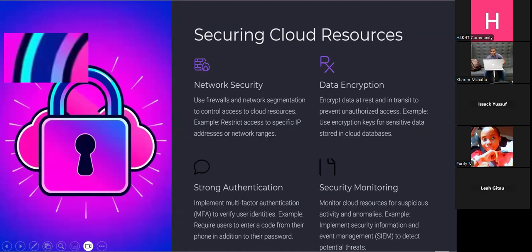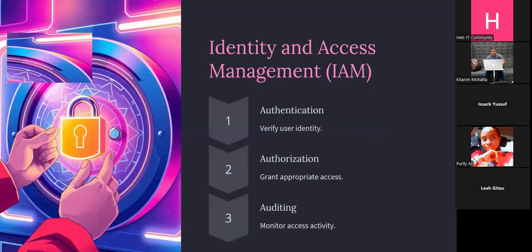And then for identity and access, like I said, there's authentication, you need to verify the user. Then there's authorization, who has access to what. If I am the admin, I have access to everything, the CEO has access to everything, the employee only has access to different things. So you need to define that. There's also auditing. This is where you monitor, analyze, and log any event that happened within your system. So this is all part of identity and access management.